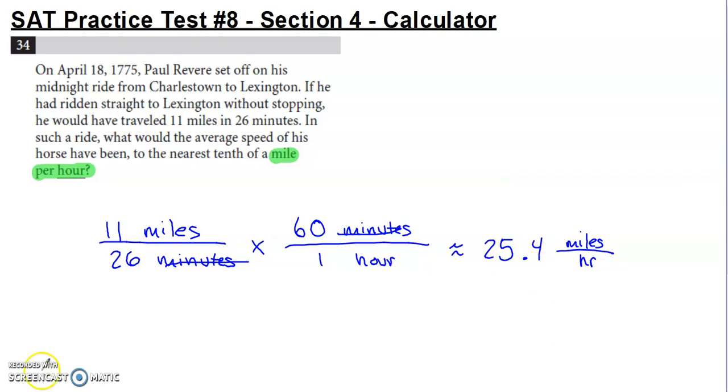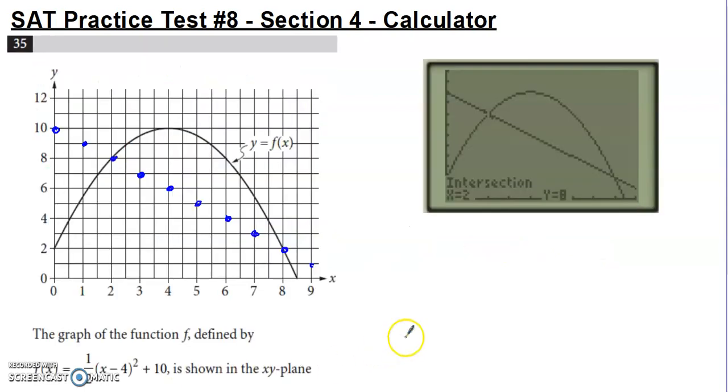One thing you wouldn't want to do in a situation like this: don't type this into the calculator and round that off and then multiply by 60. Type 11 over 26 in, leave that in exact form, multiply that exact form by 60 so that you don't have some accidental round-off error.